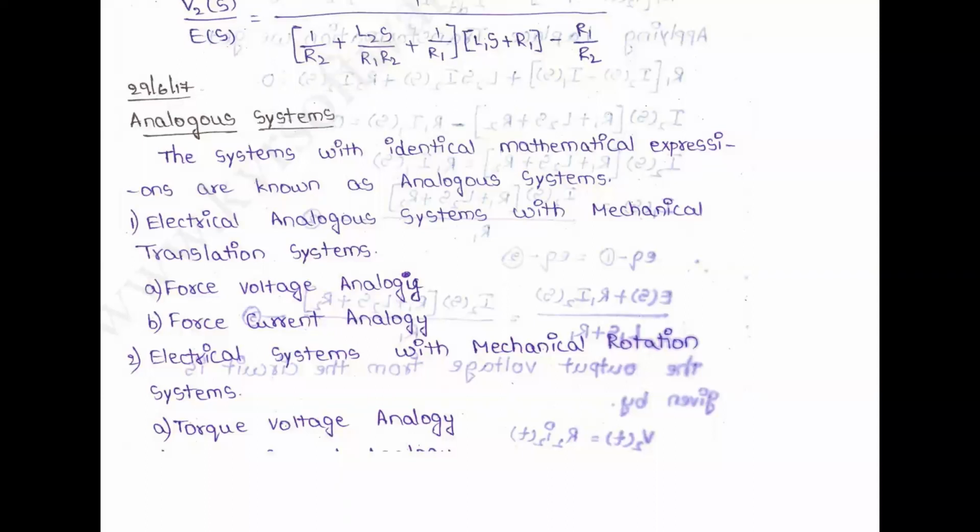So these are the electrical analogous systems. Analogous system means the systems with identical mathematical expressions are known as analogous systems.